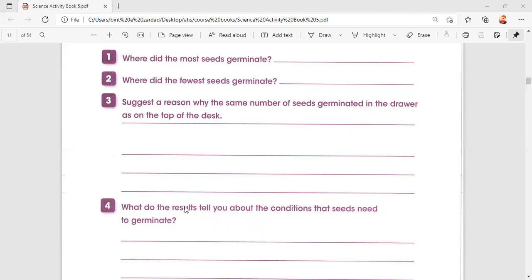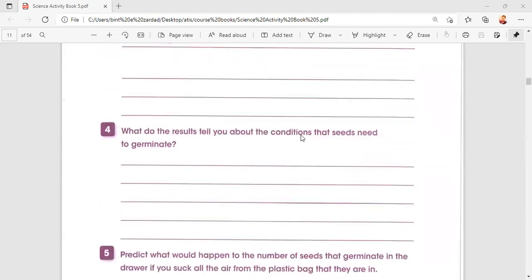Question number 4: what do the results tell you about the conditions that seeds need to germinate? Simple. We know the factors. What are the three main factors? Air, number one. Water, number two.